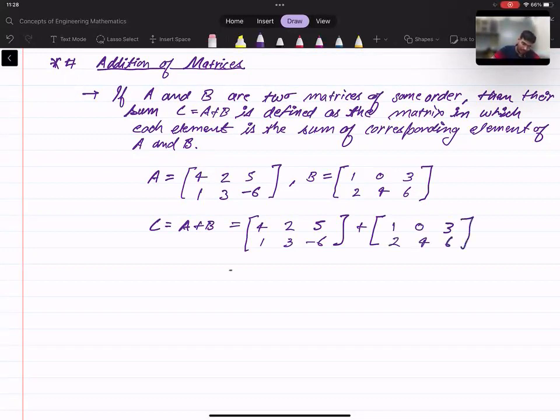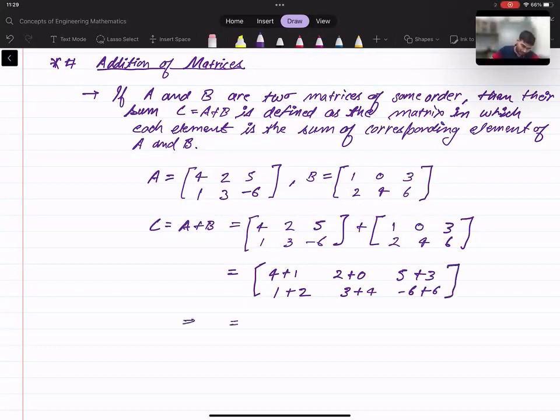So we need to add the corresponding elements. This is 4 plus 1, 2 plus 0, 5 plus 3, 1 plus 2, 3 plus 4, then -6 plus 6. Okay.